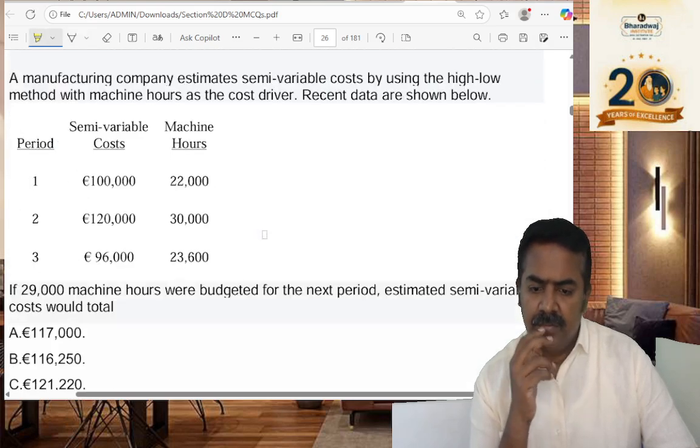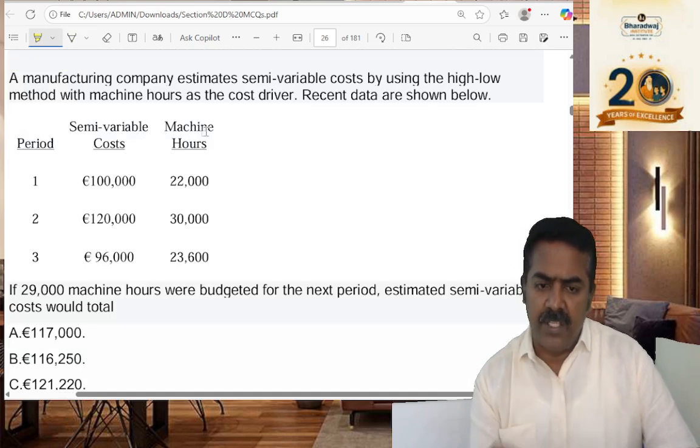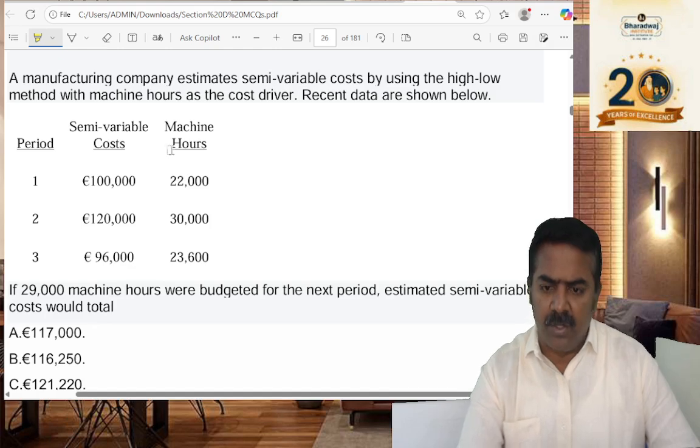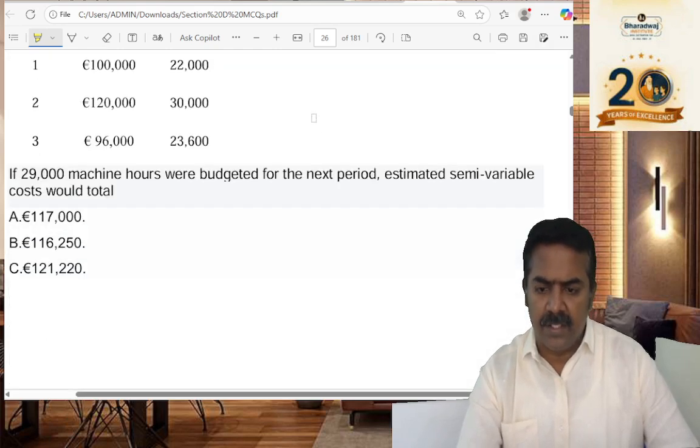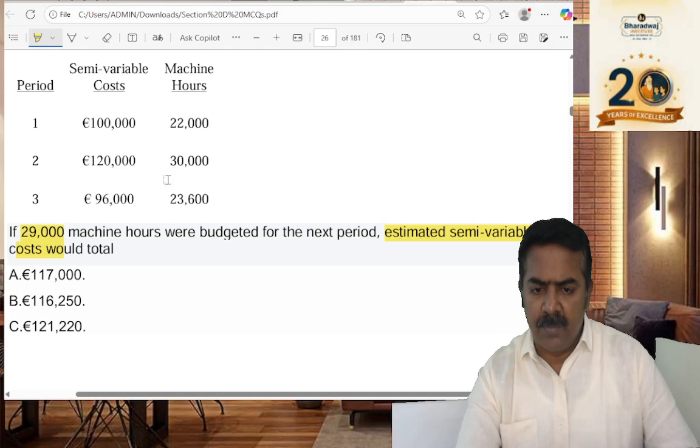Okay. Next. A manufacturing company estimates semi-variable cost using high-low method. Recent data is given to you. 29,000 machine hours are budgeted. Estimated semi-variable cost would be what? They ask you only which one? Semi-variable cost.